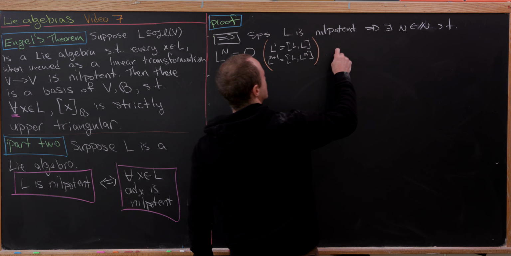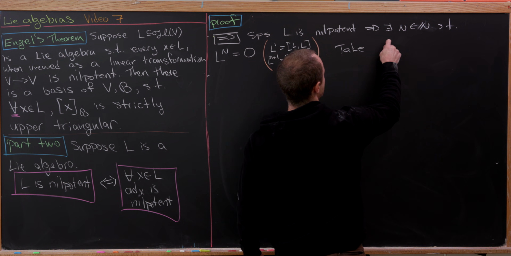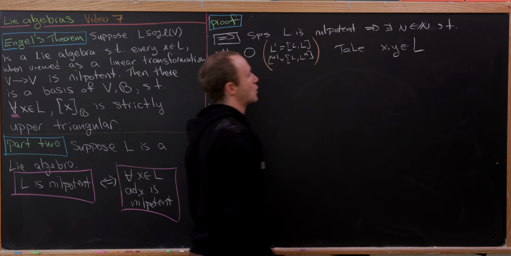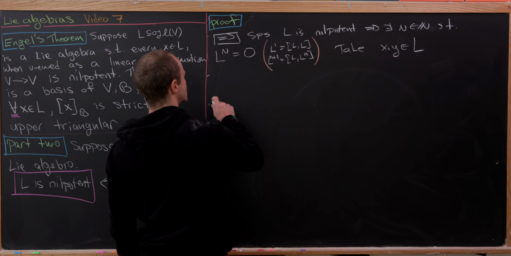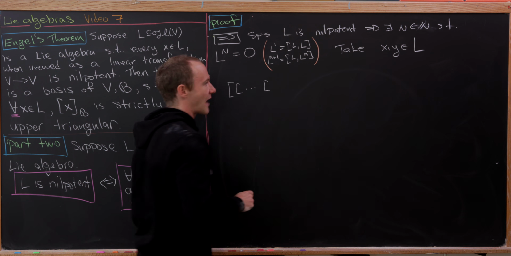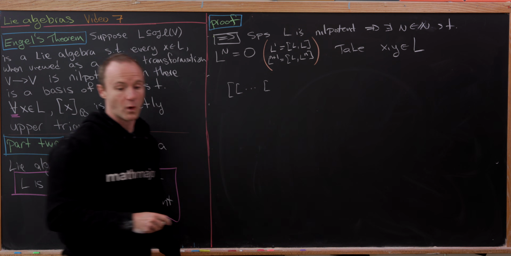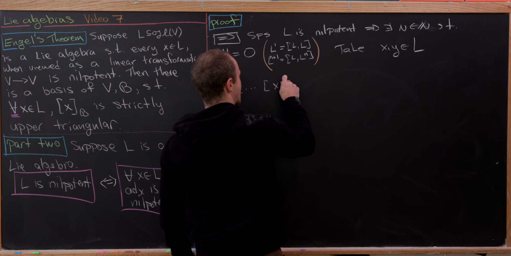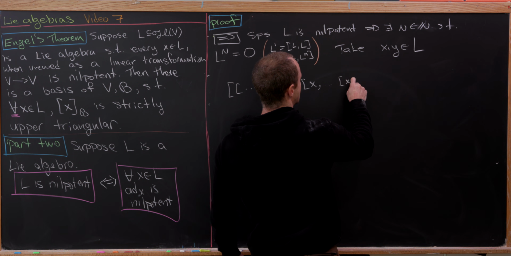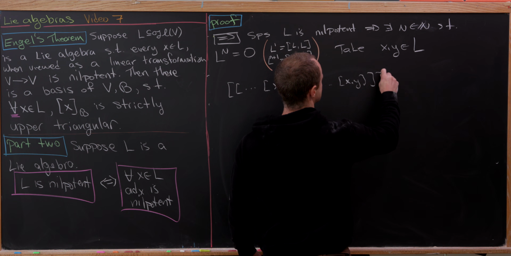Okay, so now let's take an x and y inside of L, and we want to work towards this. Let's look at the repeated bracketing of x with y. So let's say we've got bracket x, bracket x, all the way down at the bottom bracket x, y.